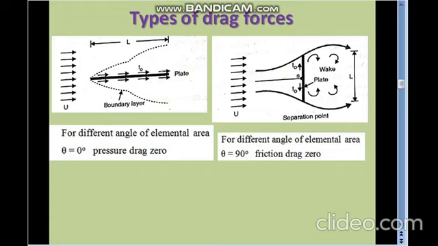So skin friction drag will be 0 because tau W dA cos 90 is 0. So there will be only the pressure drag. So friction drag is 0.